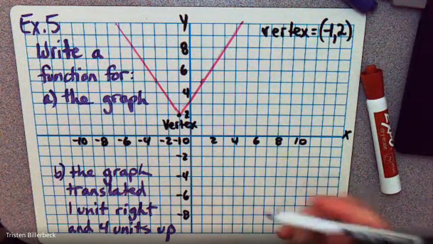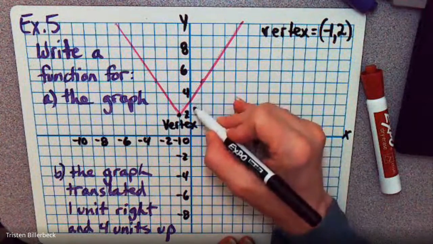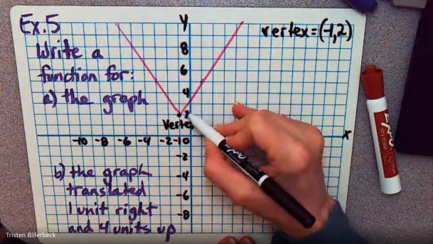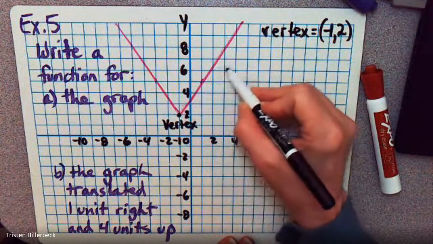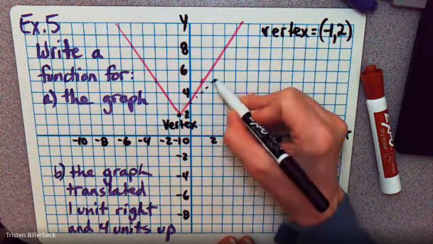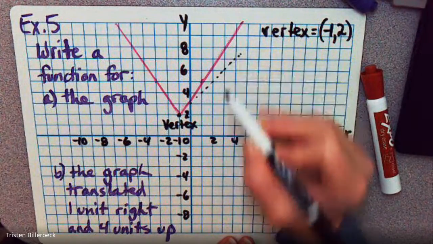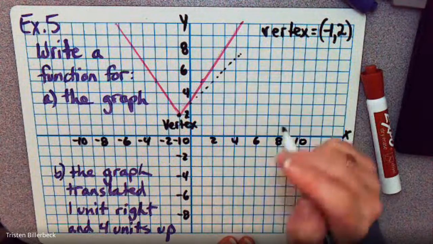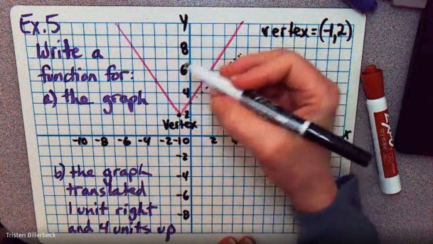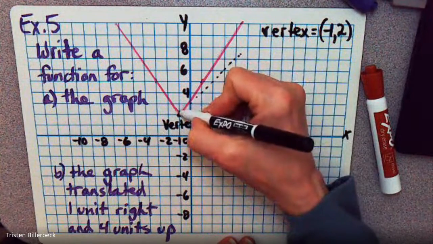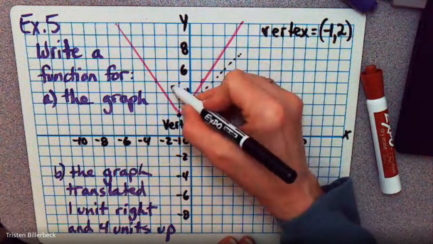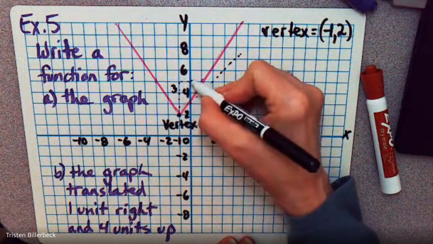Okay, so let's check the slope of the function. It does not appear to be going right with the parent. The parent would be coming out like this. So we do have a is not 1, so it's a vertical stretch. Now we need to figure out what the slope is. We see it's rising 3 and running 2.